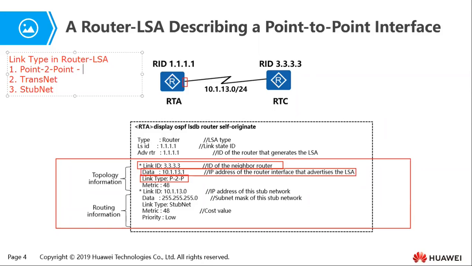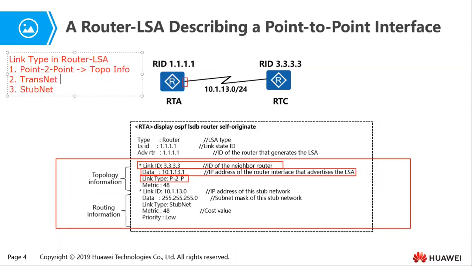A point-to-point link is normally treated as topology information, meaning that knowing that link has been connected to only one other router, we are able to tell the topology of that particular network.